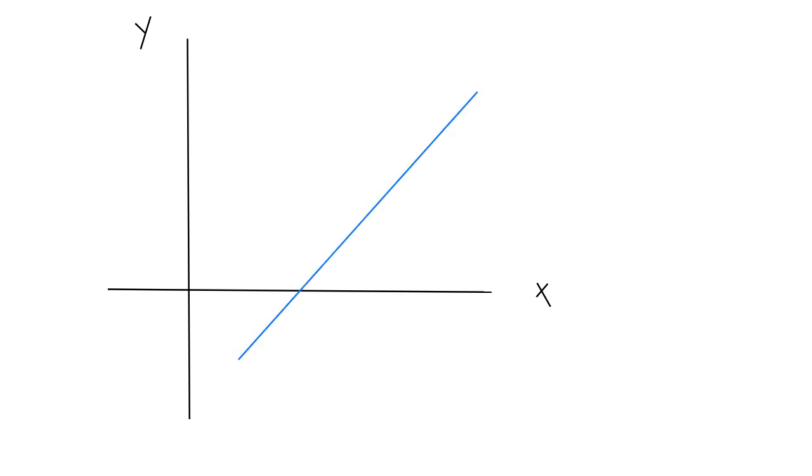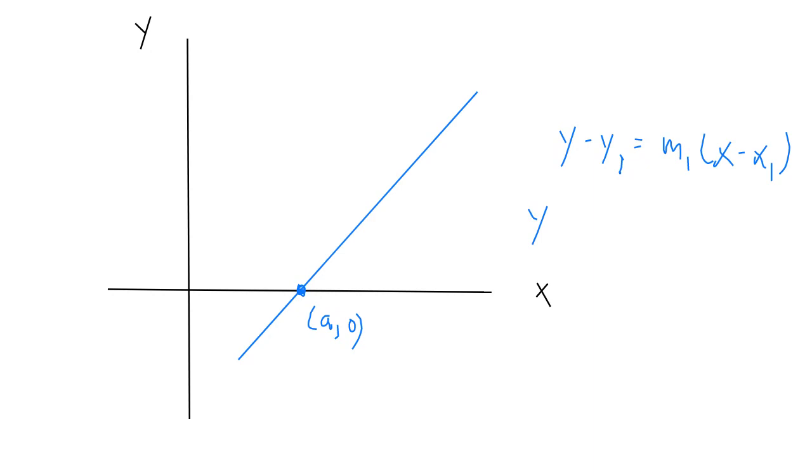Okay, so there's a line. And on the line, you have a point which has coordinates a and 0. And so y minus y1 equals m1 times x minus x1.